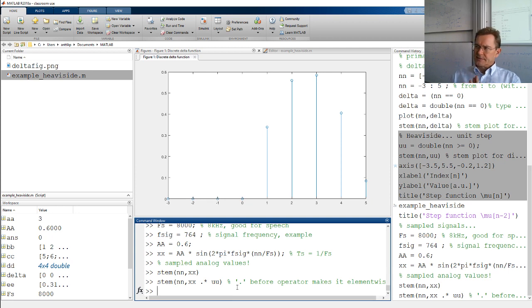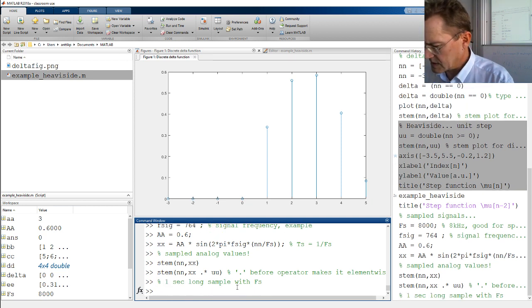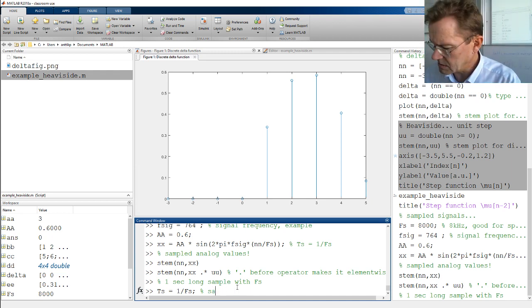Longer samples, though, if you want to have, say, 1 second long sample, let's make 1 second long with Fs, with sampling rate. Just for fun, I will also calculate the sample time, Ts. I could have also already calculated, but anyways, it's better now than never.